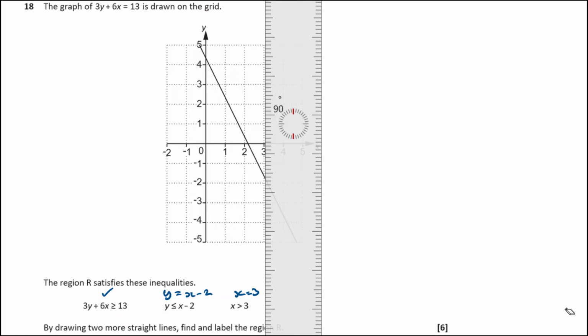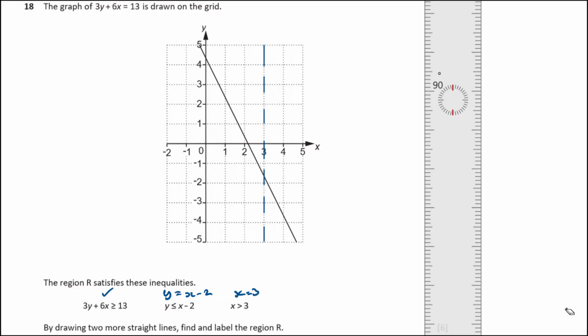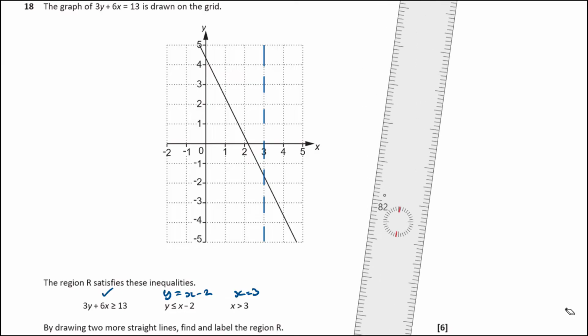Now this one is strictly greater than, so I'm going to draw this one as a dotted line. The reason for that is the points on the line themselves are not part of the region because it's strictly greater than 3. Okay. The other one, y equals x minus 2, I can draw it as a solid line.